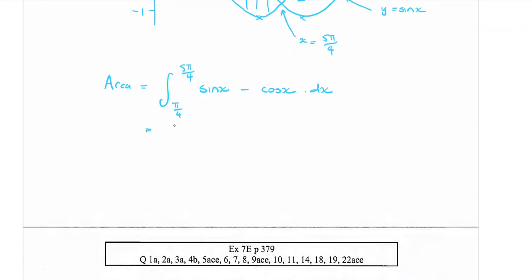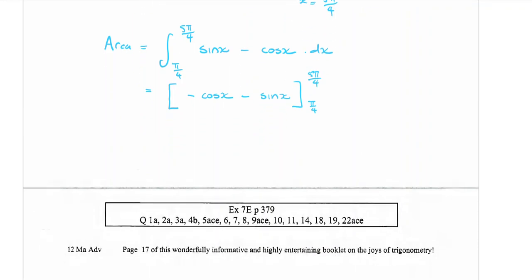All right, how do we integrate sine x? What does it become? It becomes negative cos x. Good. What does cos x become? Sine x. So the minus sign that was already there will stay there. Sine x, between pi on 4 and 5 pi on 4.